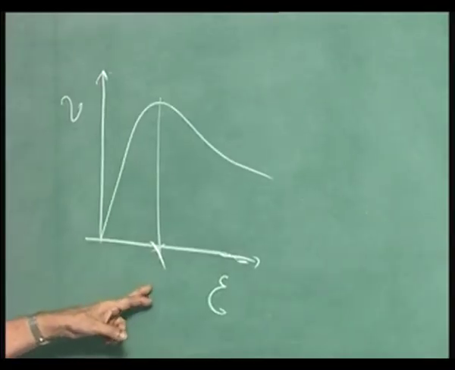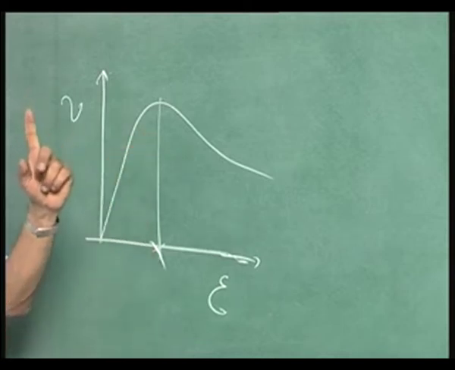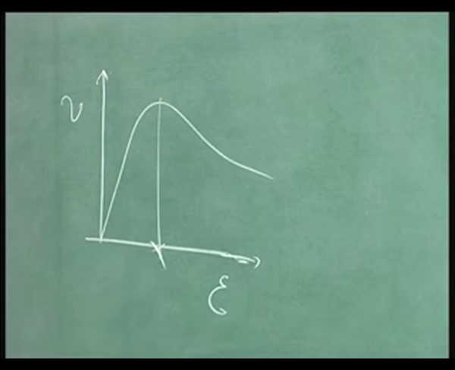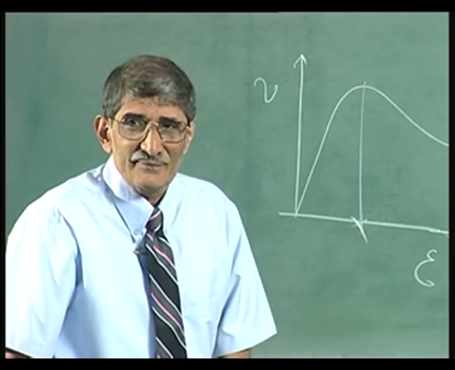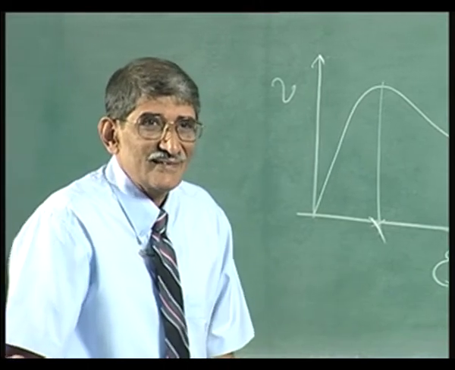This is the field at which the electrons will be transferred from the central valley to the upper valley. That is called Gunn threshold, because people made a device called Gunn device, Gunn diode, not the gun, it is GUNN, okay, the Gunn diode.